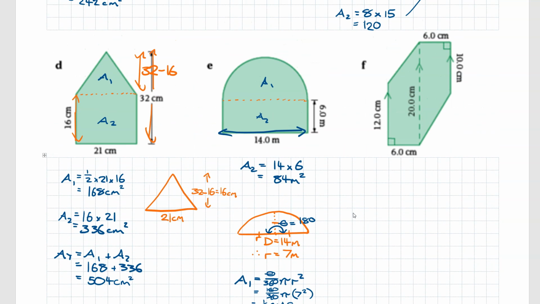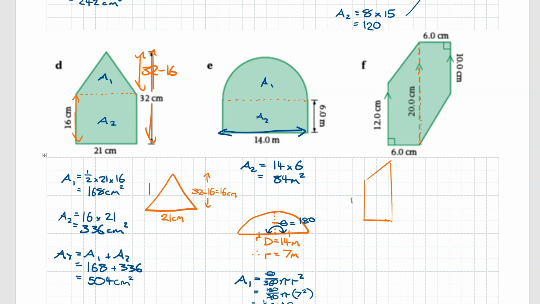Alright, next one, we've got a really weird shape. I don't know what we'd call that, but if we want we can break this up, and what we find is that we've got two trapeziums. So it's going to be something like this guy.